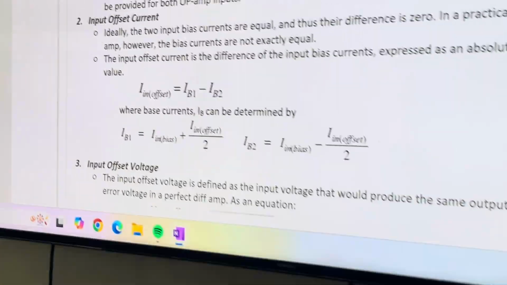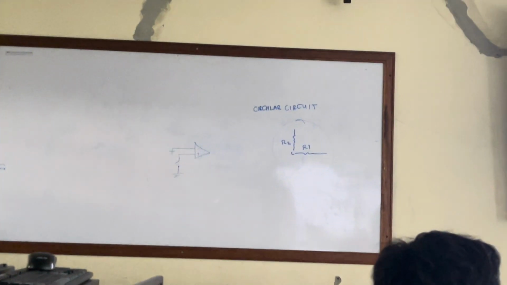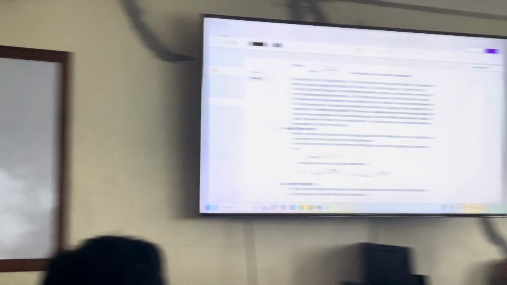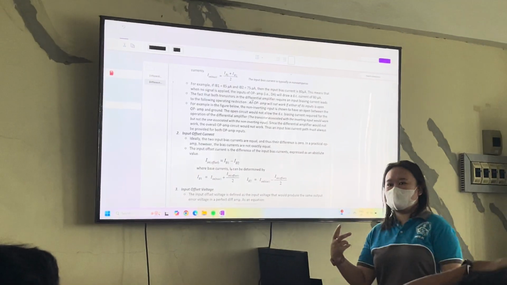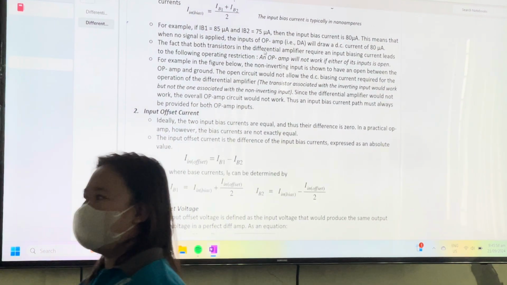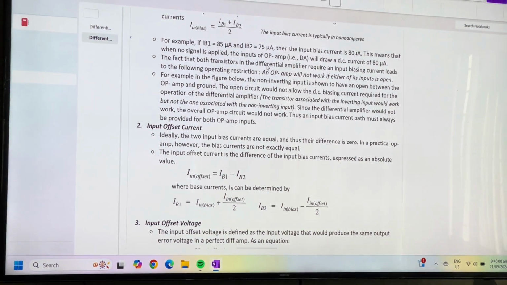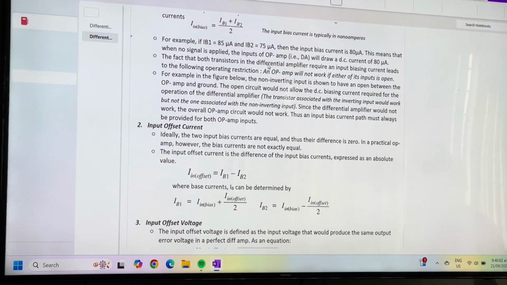Since the differential amplifier would not work, the overall op-amp circuit would not work. One is grounded, but the other is still open. Thus, an input biasing current path must always be provided for both op-amp inputs. So if one is grounded, the other must also be closed to ground so that the input biasing current has a path.